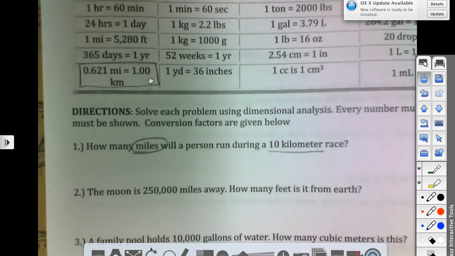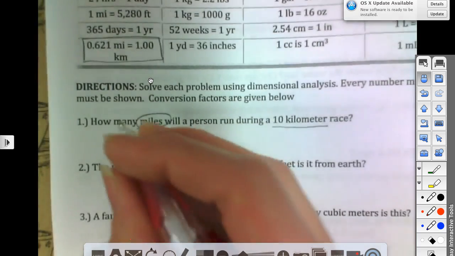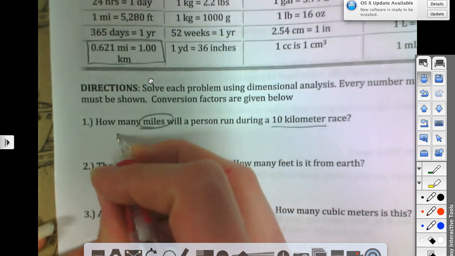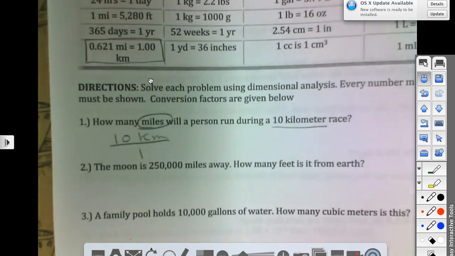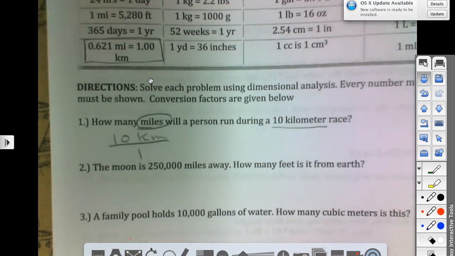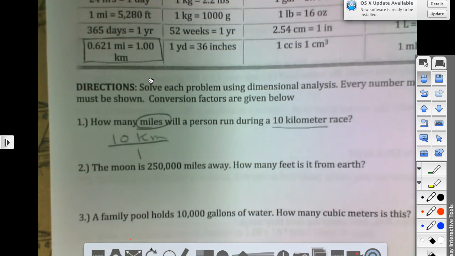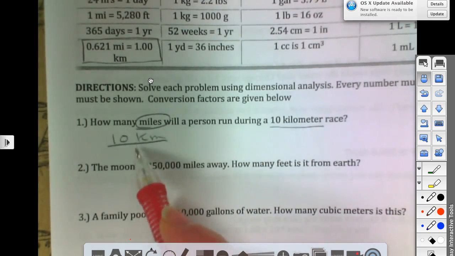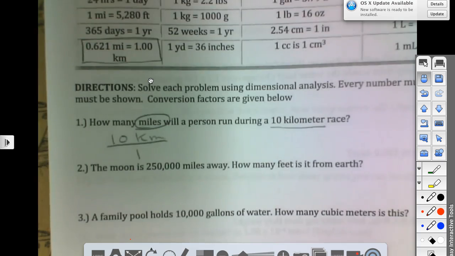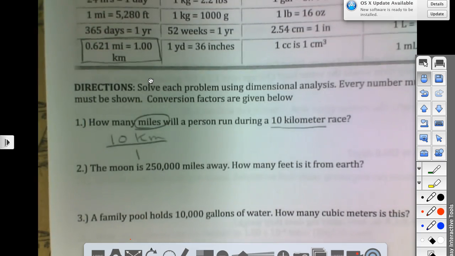Anyway, I'm going to take the one I underlined, and I'm going to underline it. See how I did that? You're guiding yourself through this. I underlined the one that I was starting with, and I put it over 1. I'm just putting these things over 1 because it helps keep my fractions straight.